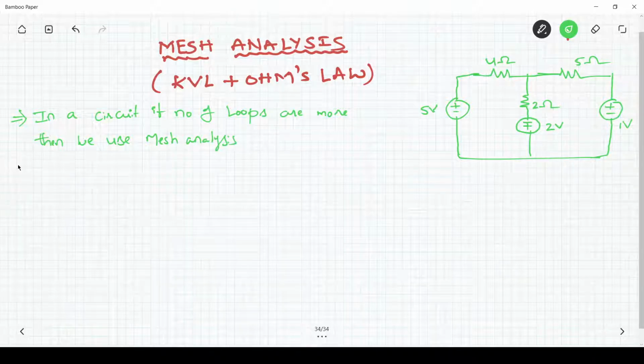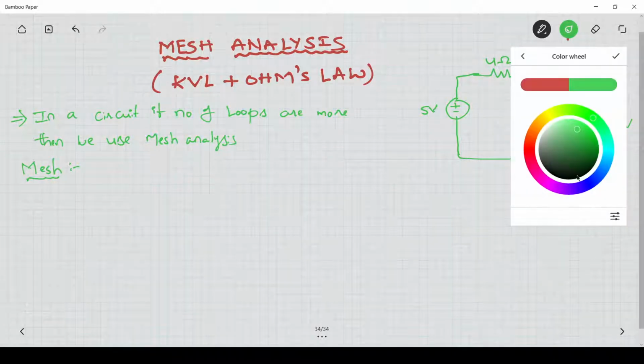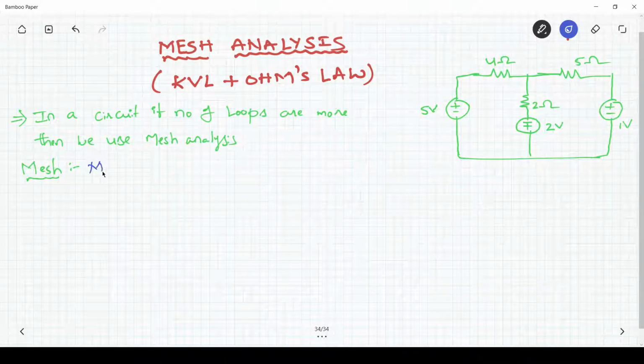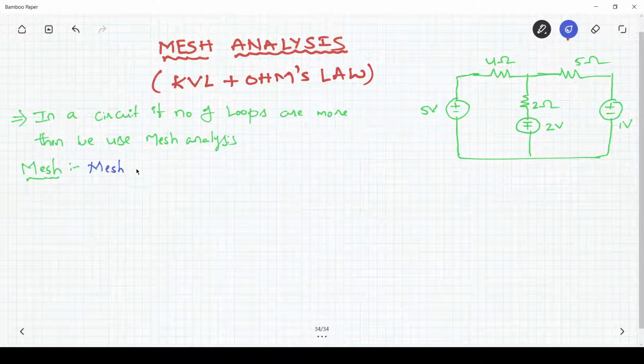First of all, what do you mean by mesh? Mesh is a loop.